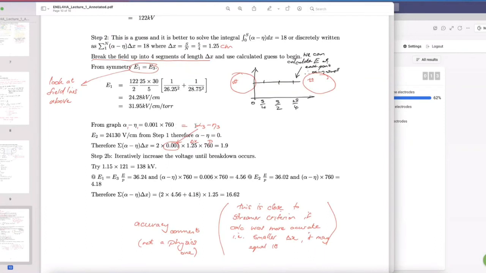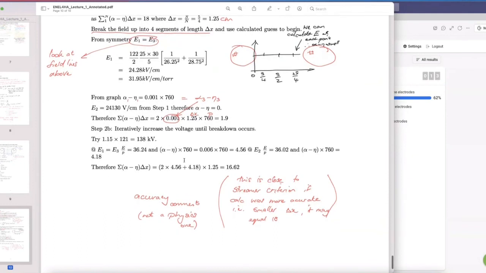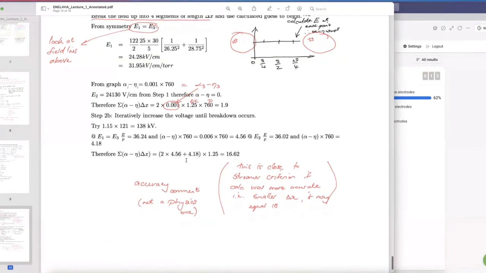And we note that the values will be the same at the third point. Right, we know from above that E2 is 24.13 kV per centimeter. So that means alpha minus eta is equal to 0. So if we do our integration, we get a total value of 1.9.